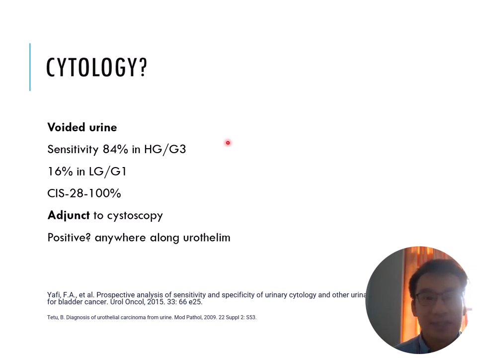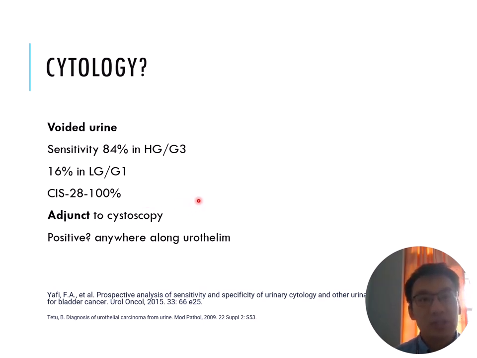So as you can see, the sensitivity is high in high-grade tumor. It can be used in CIS as well, but the sensitivity is very low at 28%. So use it with caution because you miss it in low grade as well as CIS.